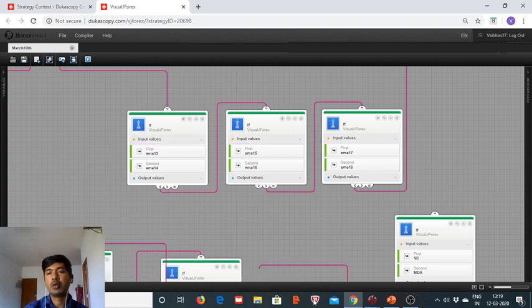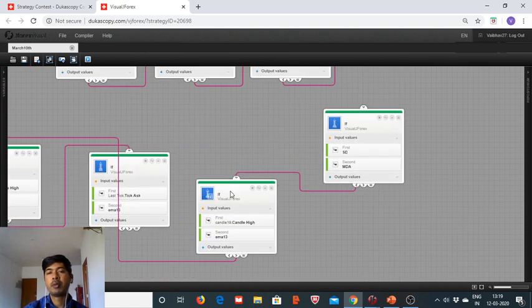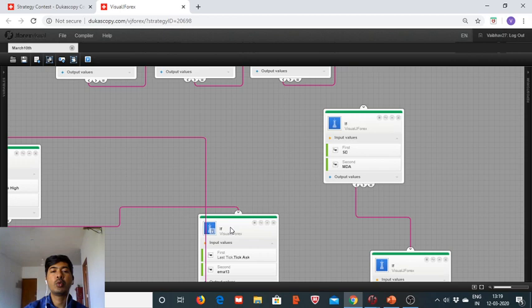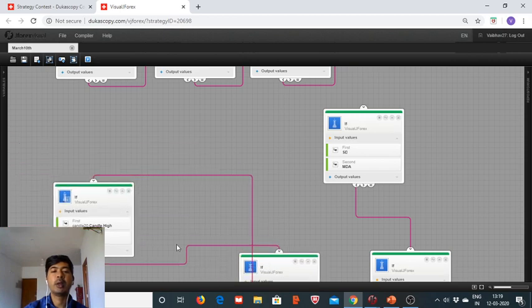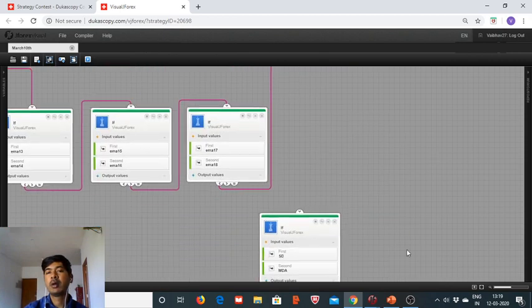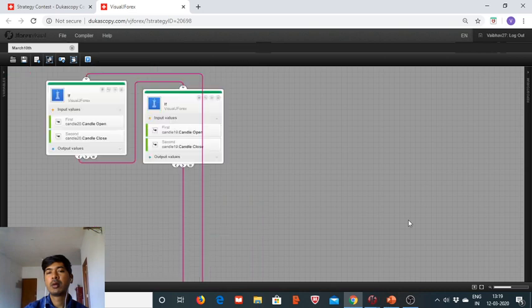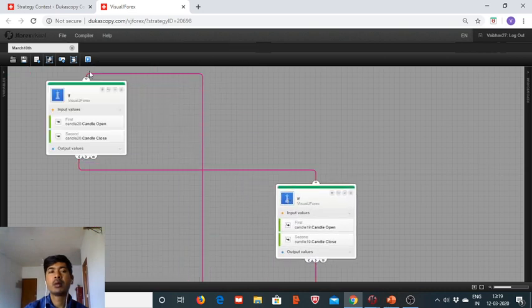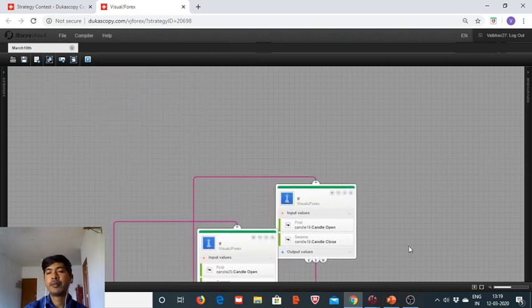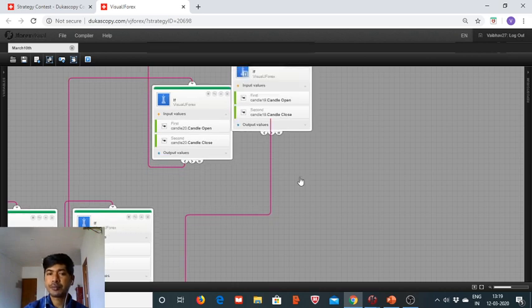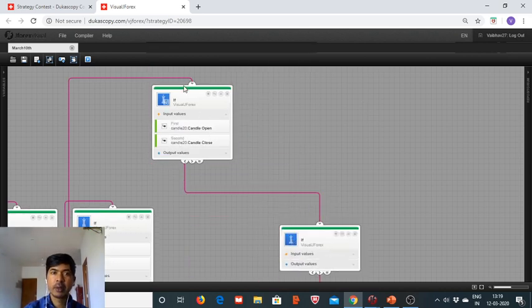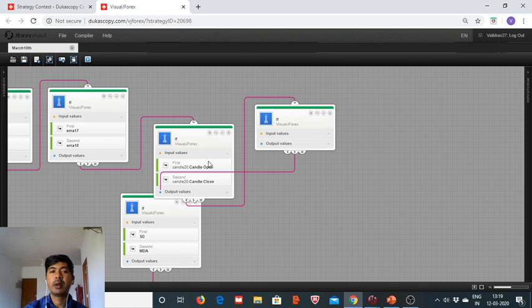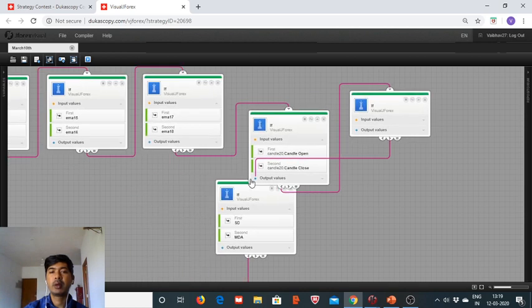We also need to bring in the remaining 2 blocks which are still here: EMA 10 and EMA 20.